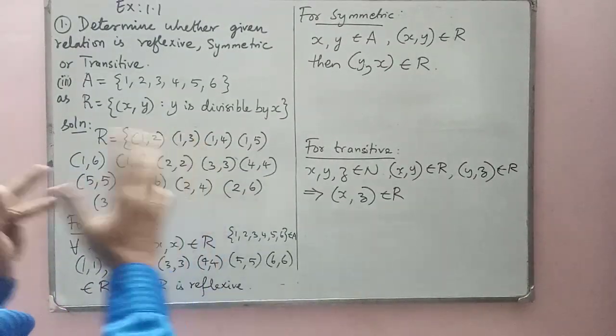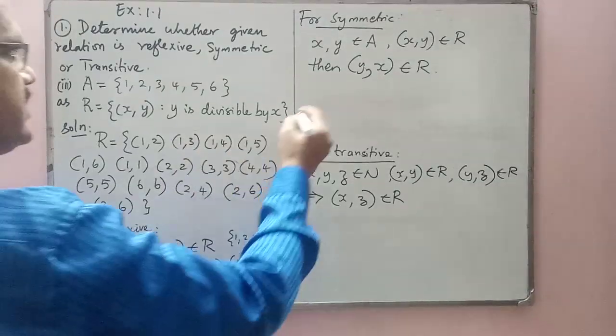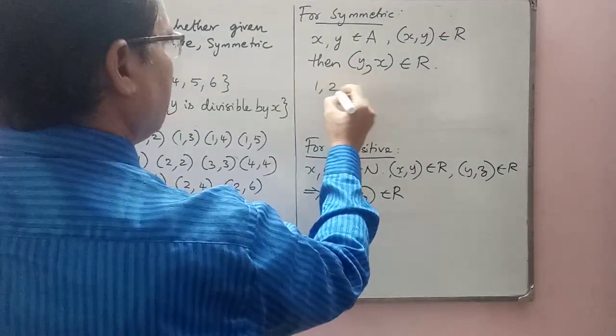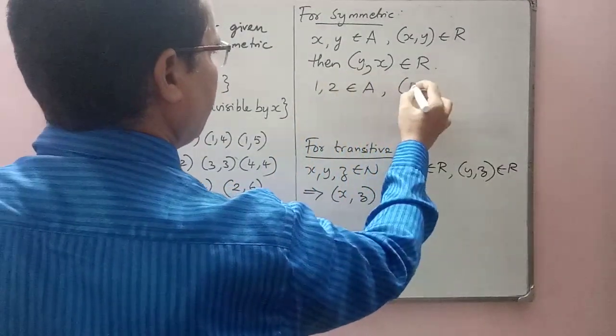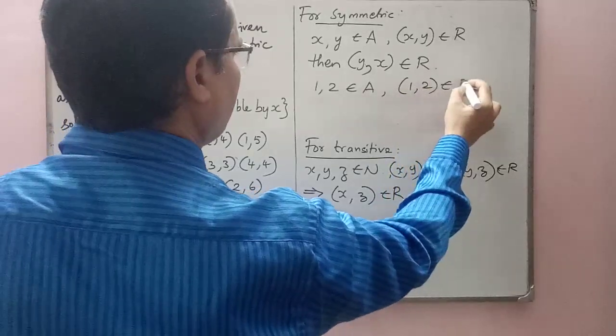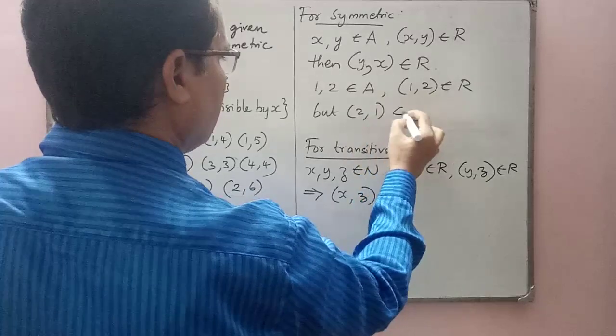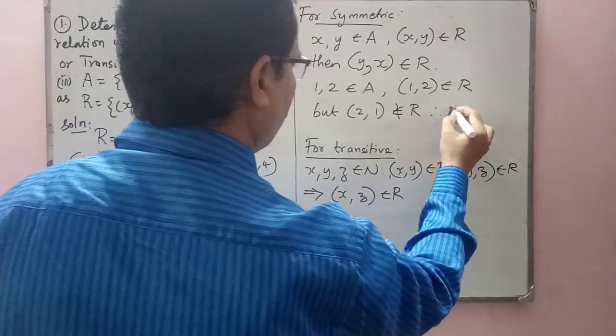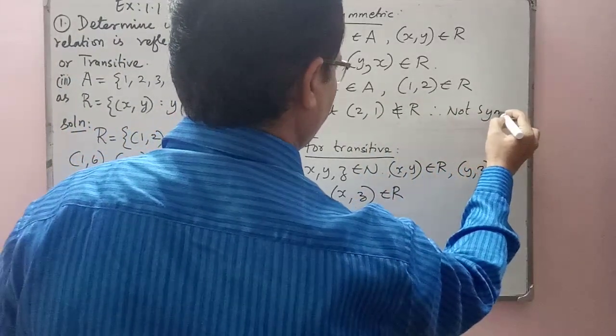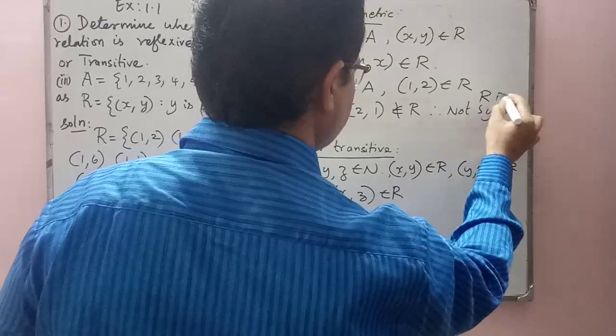So any one pair is enough. I'll choose 1 comma 2 belongs to A. Then I observe that 1 comma 2 belongs to R, but 2 comma 1 does not belong to R. Therefore R is not symmetric.